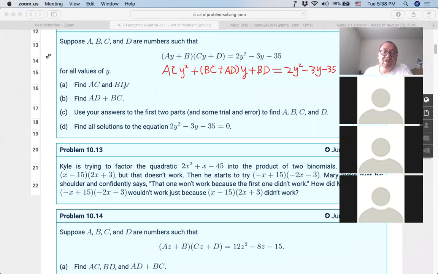This equation is satisfied for all values of y. So AC has to equal 2, and BD has to equal -35.